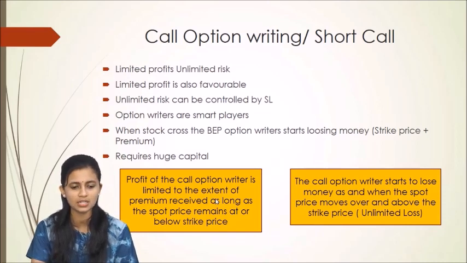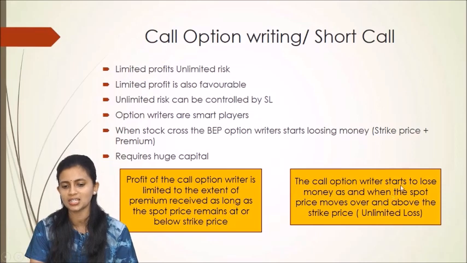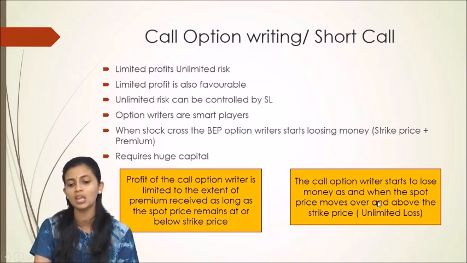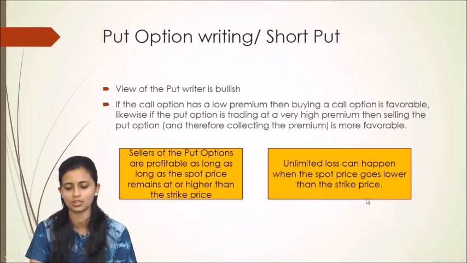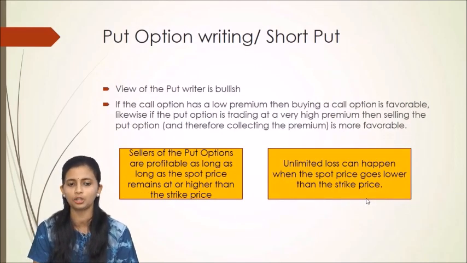Whatever profit he makes is limited to the premium that he collected. The call option writer starts to lose money as and when the spot price moves over and above the strike price. Only in this case will he lose money, but what he loses is again unlimited until he fixes the stop loss.